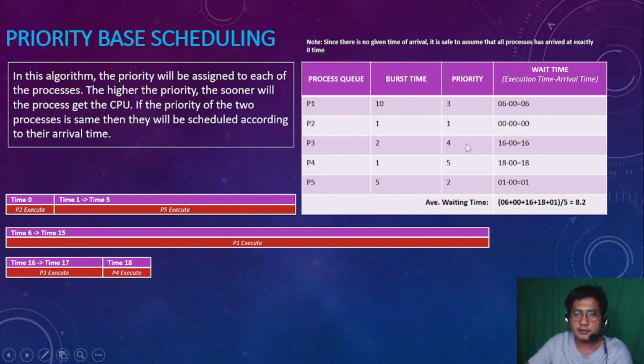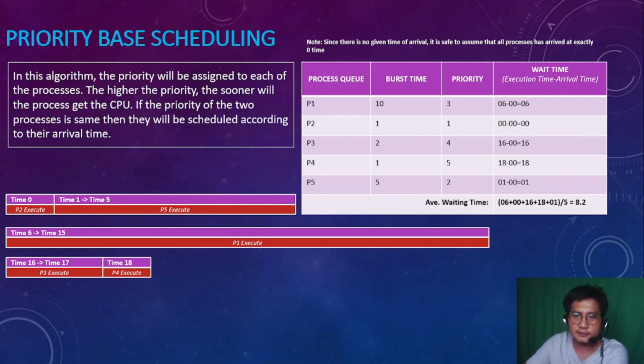The next in the priority list is P3, which has a burst time of 2. If we look into our Gantt chart, you can see that at time 16 and time 17, P3 has its execution time in the central processing unit, since it has a burst time of 2.